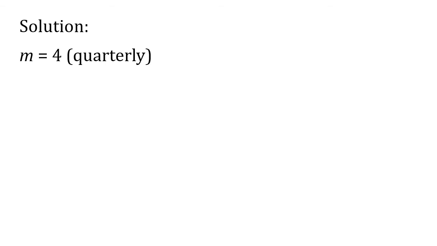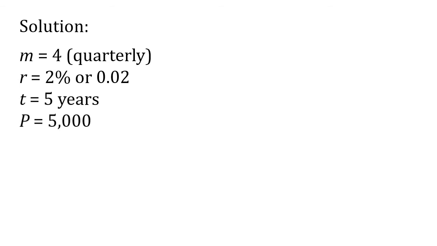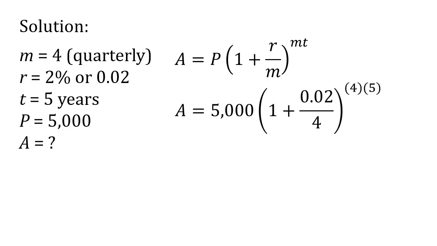So list our given. M is equal to 4 because quarterly. R is equal to 2% or 0.02. T is 5 years. The principal amount is 5,000. And let us solve for A. So A equals P times (1 plus R over M) raised to MT. So A equals 5,000 times (1 plus 0.02 over 4) raised to 4 times 5.